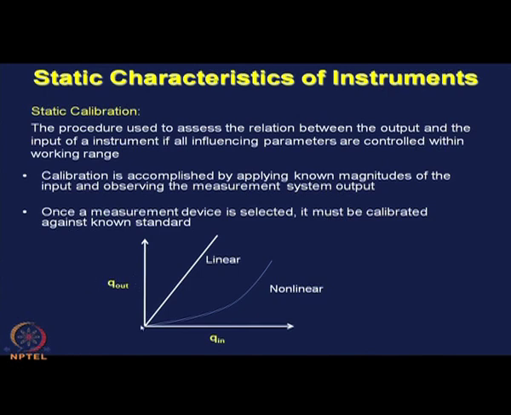So, we keep all the influencing parameters or all inputs except one constant and vary this over some range. Each time we note the instrument's output and can generate the relationships that exist between this set of inputs and outputs.